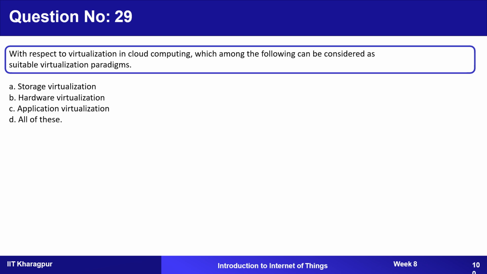Next is, with respect to virtualization in cloud computing, which among the following can be considered as a suitable virtualization paradigm? Options are storage virtualization, hardware virtualization, application virtualization, all of these. Anyone?